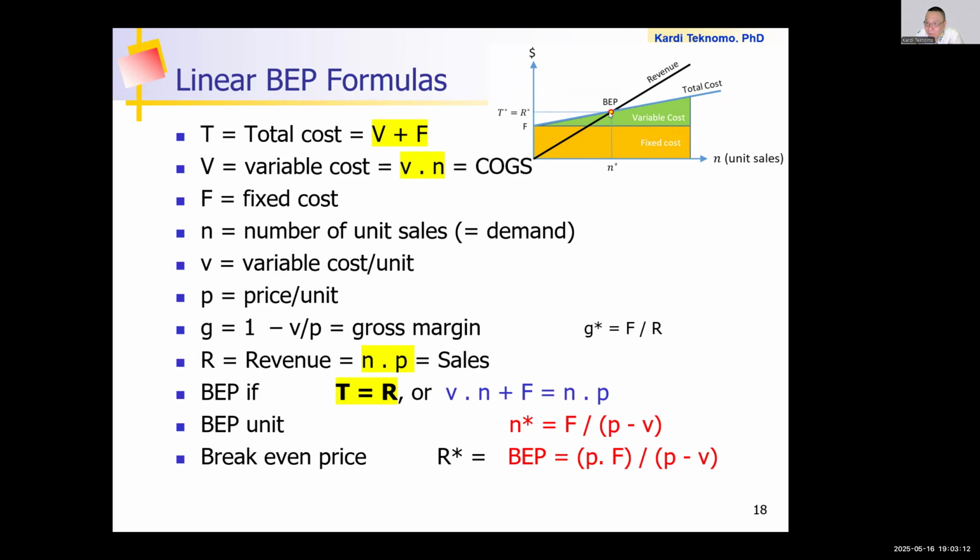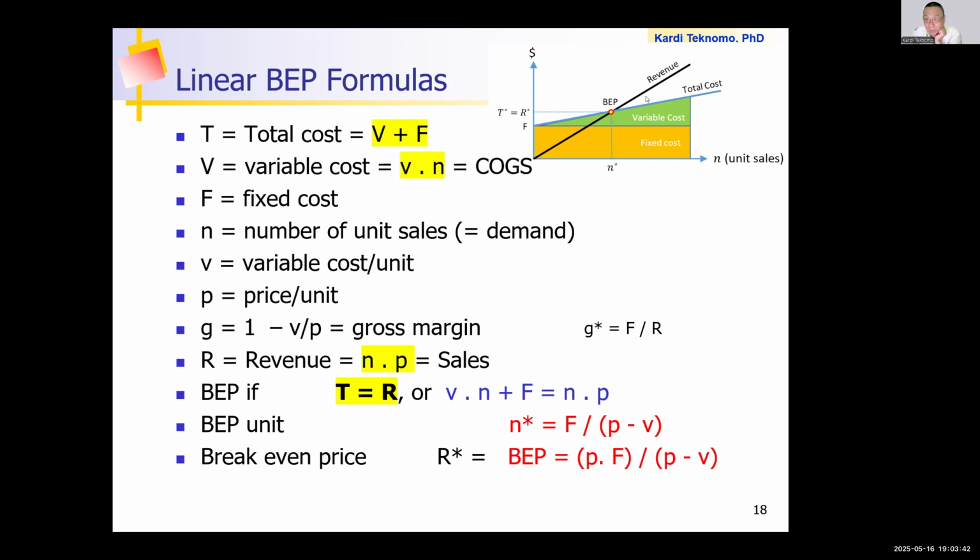So the BEP is just the intersection between the total cost line and the revenue line, right? Remember, total cost is the variable cost plus the fixed cost. The variable cost, capital V, is equal to the unit variable cost multiplied by the demand, the number of sales. And then F is the fixed cost, right? Then what will happen?